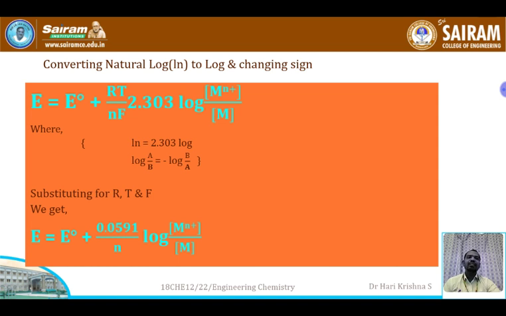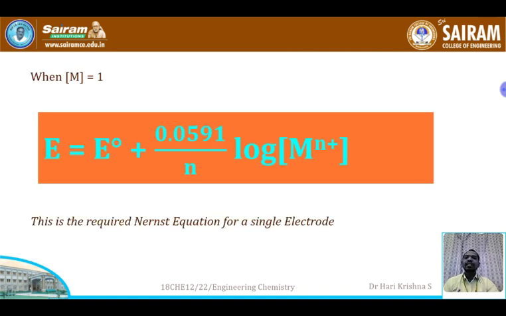Then E equals E naught plus 0.0591 by n log concentration of Mn+. This is the required Nernst equation for a single electrode. For a full cell, we use the previous equation; for a single electrode, we use this one.